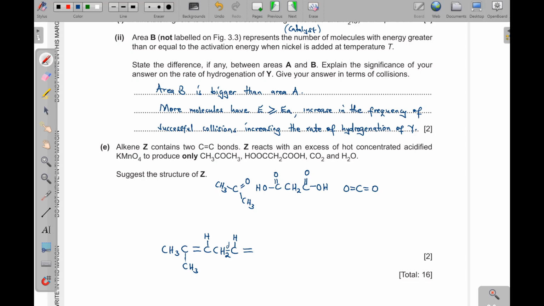This is 1, this is 2, this is 3, 4. Then I will put a carbon here. Now this one must be having only what? Hydrogens. Why only hydrogens? Because it will be broken down to give us the carbon dioxide and the water here. You see that? So this is the structure of Z.